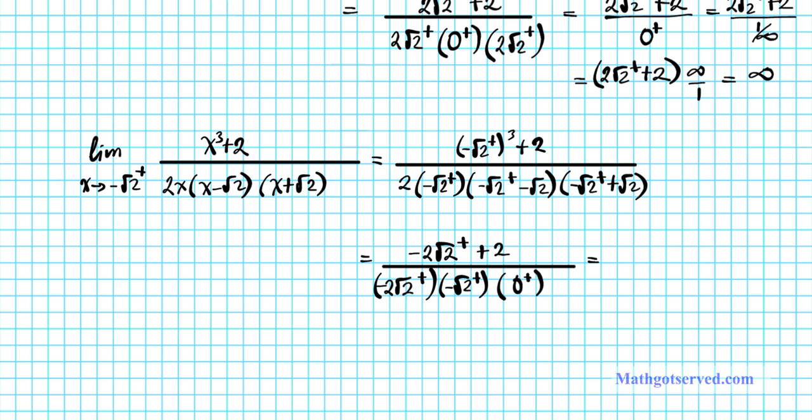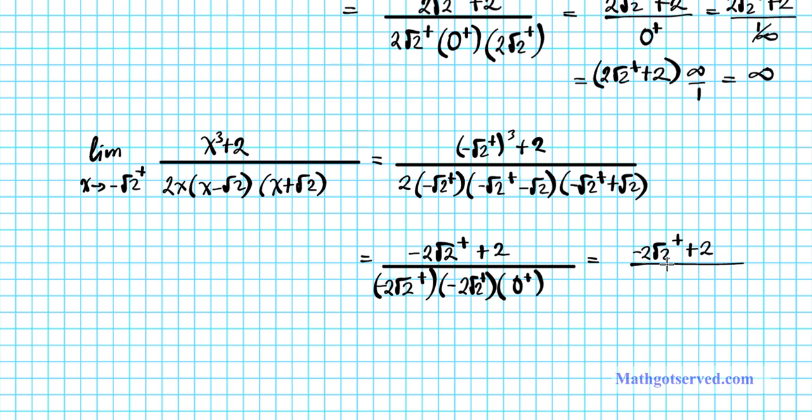We're going to have the numerator still negative 2 root 2 from the right plus 2. In the denominator, these two multiply together, they're going to become positive. Well, quick correction here, it's supposed to be negative 2 root 2 from the right. Okay?